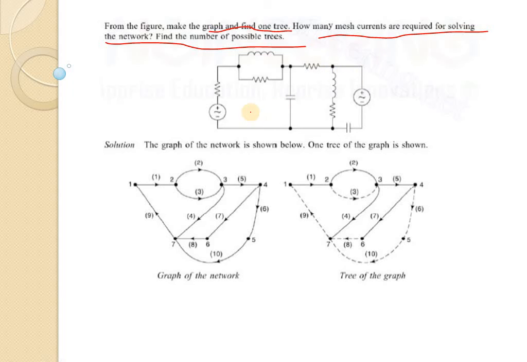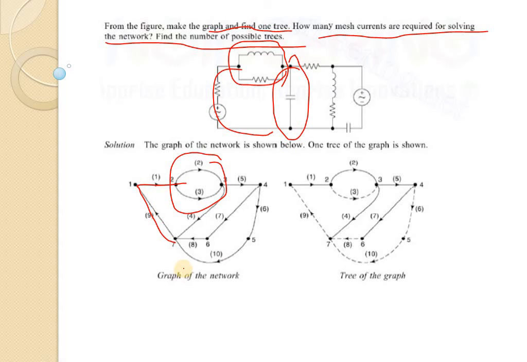So first we have to draw the graph. For doing the graph, for this loop, this is this loop. Next, this part is this one. Next, this is the capacitor part.